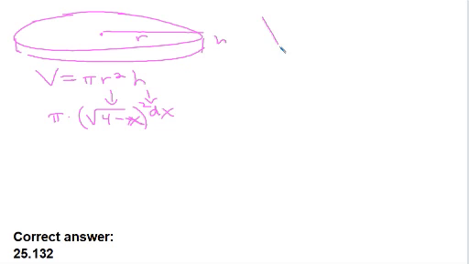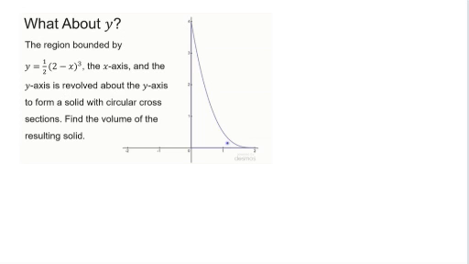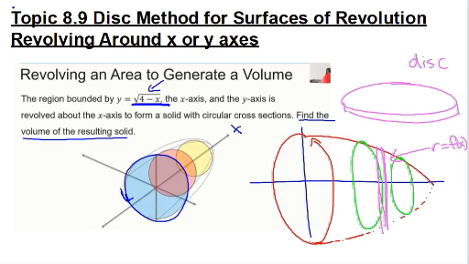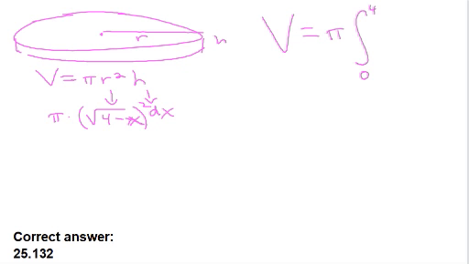Because we are summing up all of those little disks, we're going to use an integral. We're going to go from 0 to 4. The reason we're going from 0 to 4 is because that is my x-intercept over there. And we are squaring the square root of 4 minus x dx.